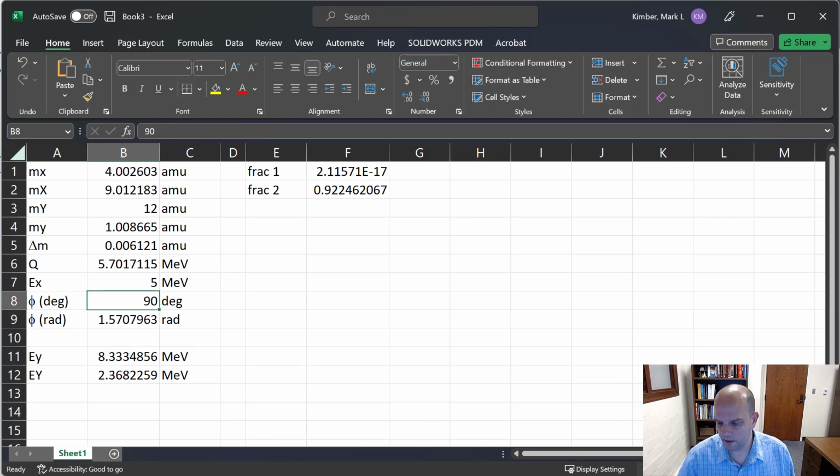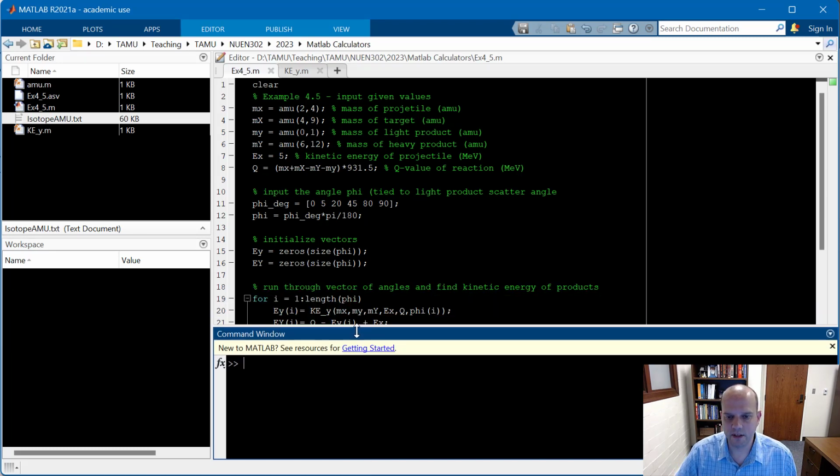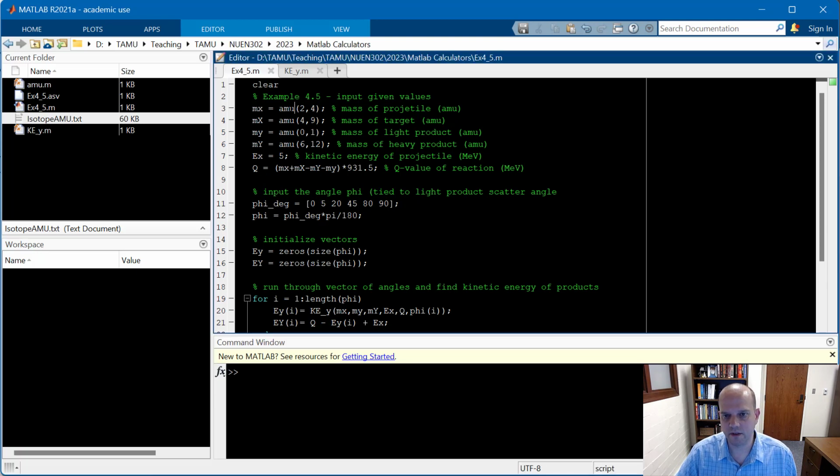All right, so let me show you real quick in MATLAB. What I'm not going to show you is the underlying code that is calculating this. This is code that I wrote. This is my lookup function. So I have the inputs to this being Z and A, and its output is going to be in this file here.